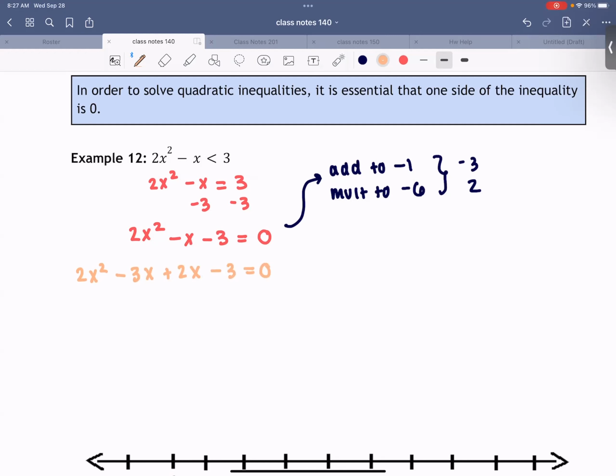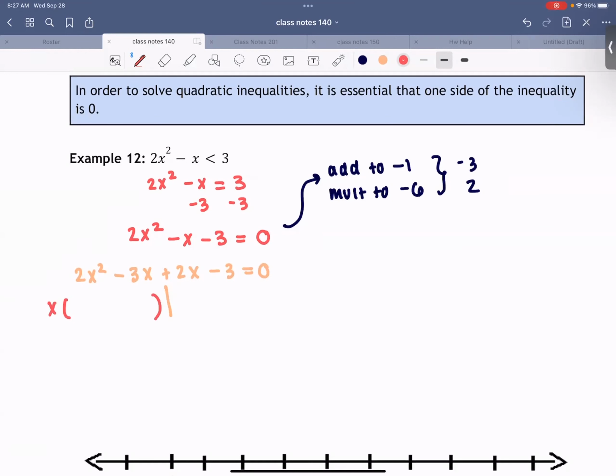What's my next strategy once I'm here? Grouping. So we're going to group half of the left-hand side, group the right-hand side, and piece things together. What does 2x squared and negative 3x have in common? X, good. And what am I left with on the inside? 2x minus 3, good.